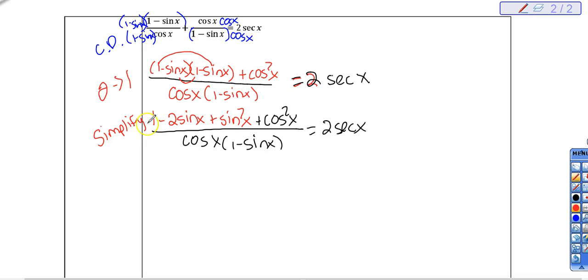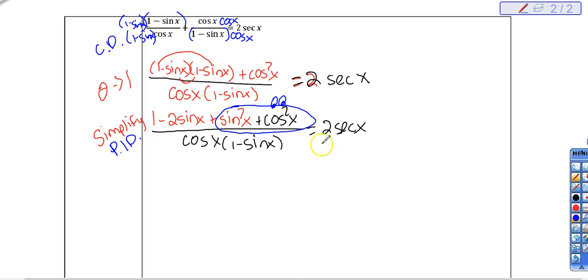So we simplified our numerator a little bit by doing multiplication. And now I'm thinking I can maybe simplify this a little more. So I'm putting my eyes where I see the squares. I can replace this. That's a trig identity, a Pythagorean identity. What does sine squared x plus cosine squared x equal? 1.